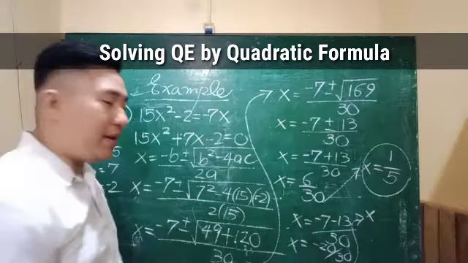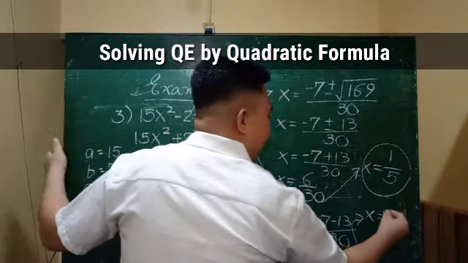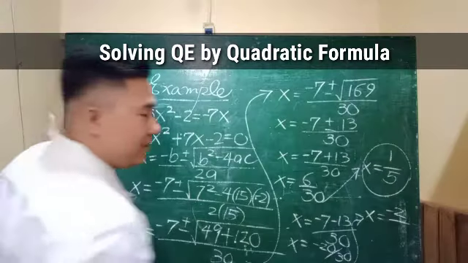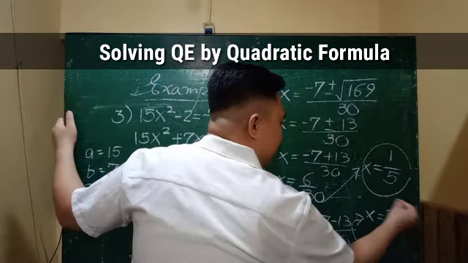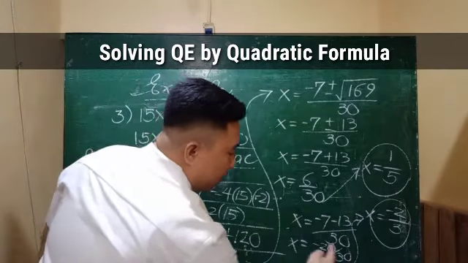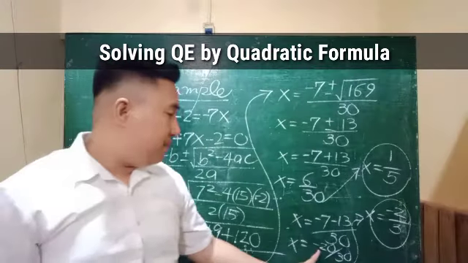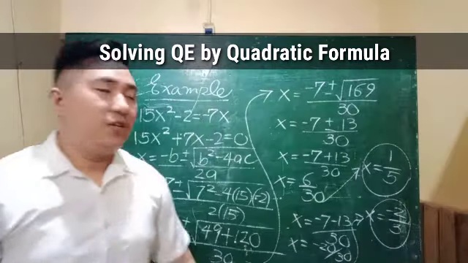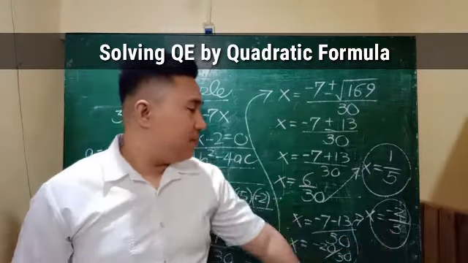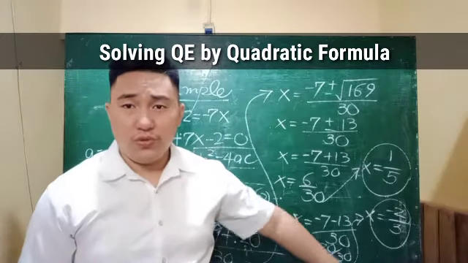Negative 20 divided by 10 ay negative 2. Over 30 divided by 10 ay 3. Pero para mas mabilis, yung 20 tsaka 30, cancel mo lang yung dalawang 0. Ang matitira, negative 2 tsaka 3. So the solution set is 1/5 and negative 2/3.